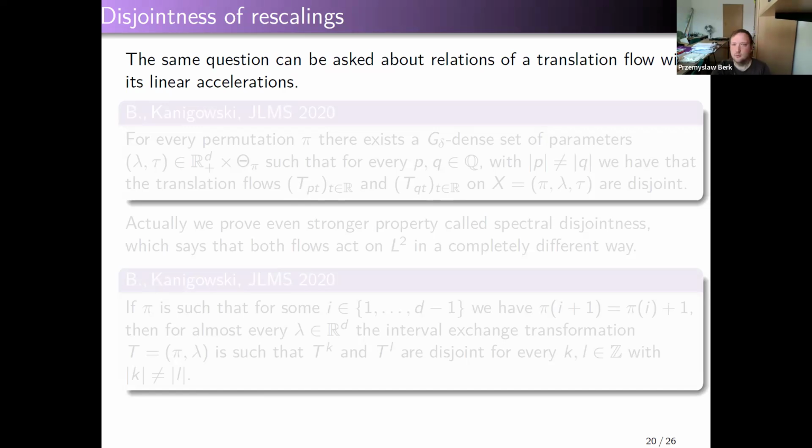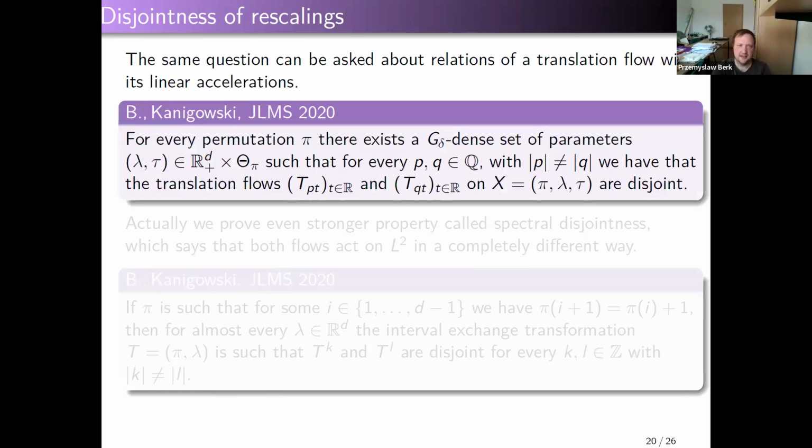But actually, no. With Adam Kanigowski, we proved that for any permutation pi, you can still find a topologically large set of parameters such that the flows T_{pt} and T_{qt}, for any rational speeds p and q, are disjoint.